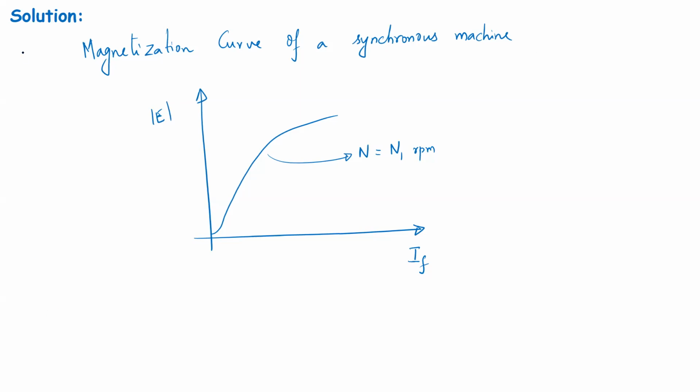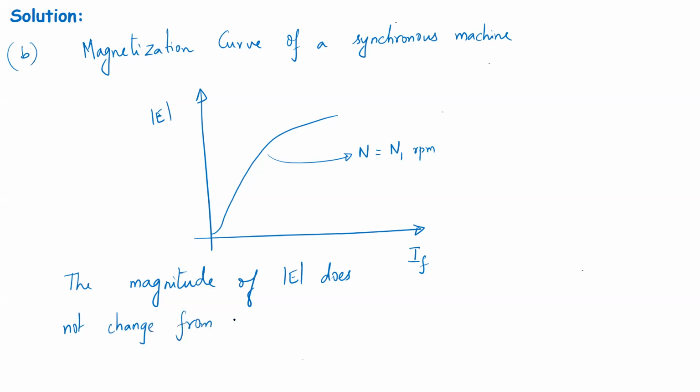Therefore, for part B, one can very clearly understand that the magnitude of excitation EMF E does not change from the previous value, from what was estimated in part A.